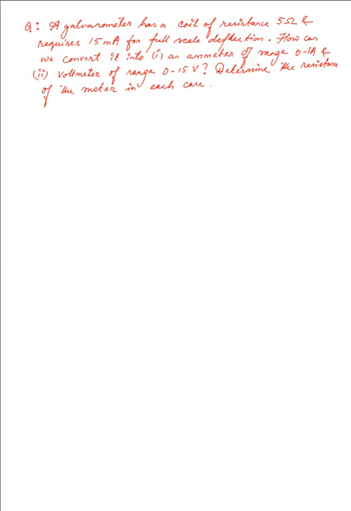How can we convert it, in the first case, into an ammeter of the range 0 to 1 ampere, and in the second case, into a voltmeter of the range 0 to 15 volts, and we are also to determine the resistance of the corresponding meter, that is ammeter or voltmeter, in each case. So what are the things that we have at hand?